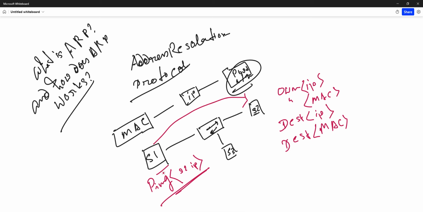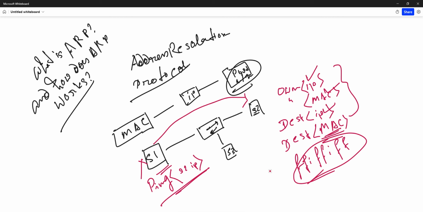But S1 doesn't know about the MAC address of the destination machine. System 1 knows these three things, the IP address, its MAC address, and the destination IP address, but this destination MAC address it doesn't know. So what will happen? System 1 does a broadcast.